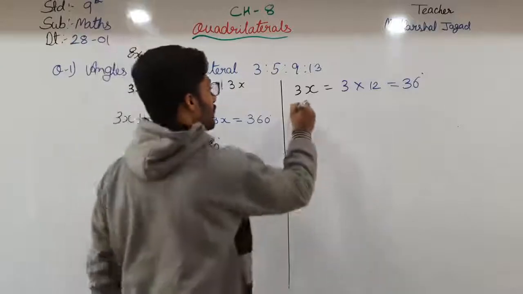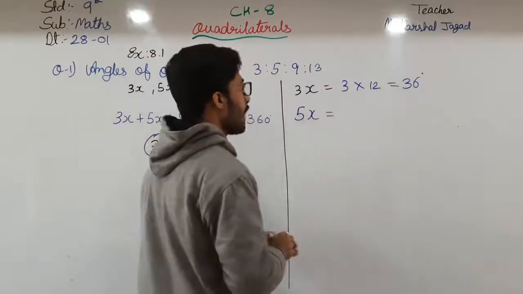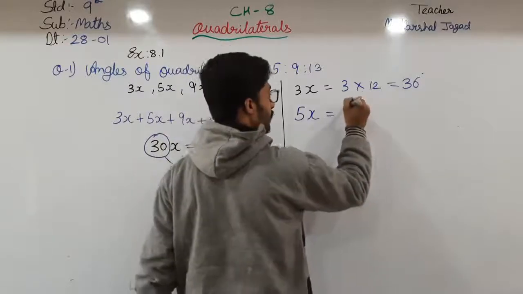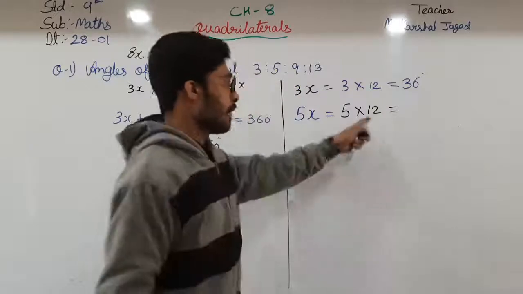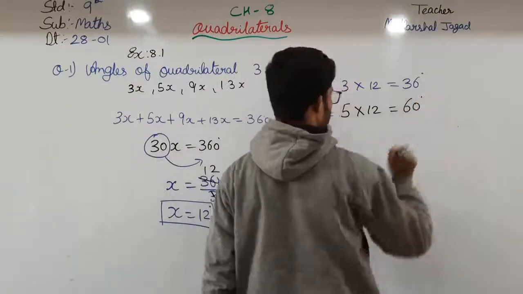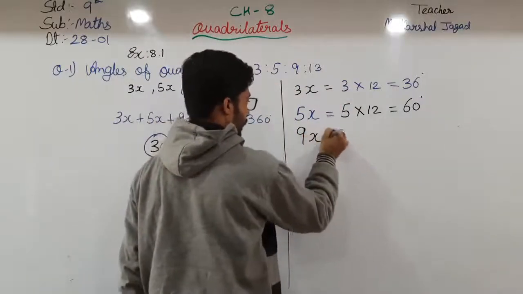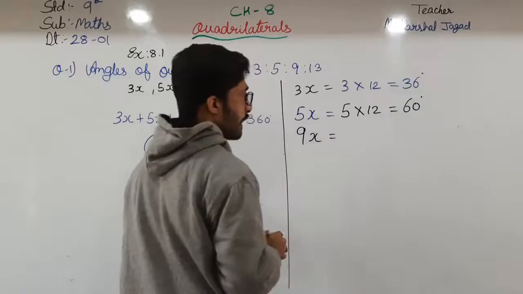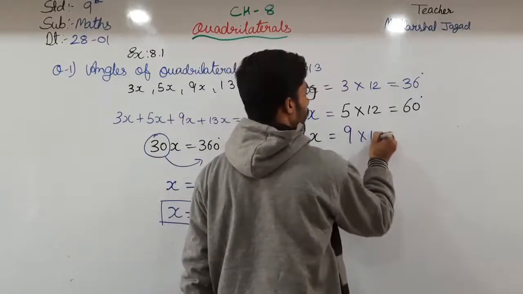Another angle, 5x, is equal to 5 into 12, that is 60 degrees. Then comes 9x, that is 9 into 12.